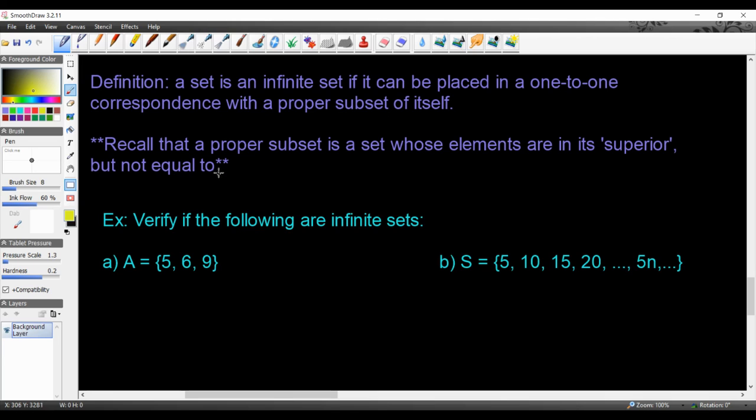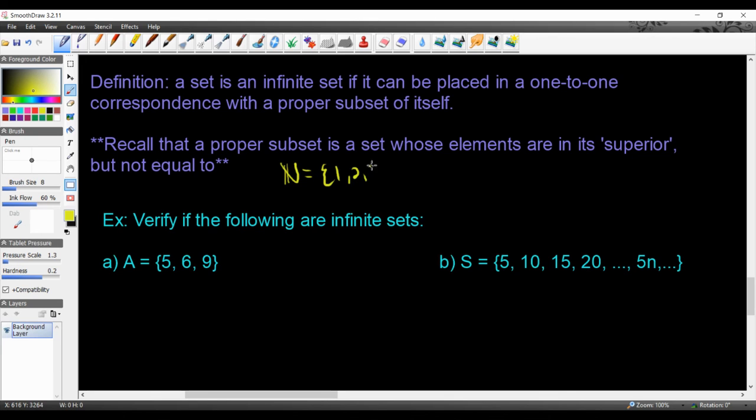Yes? And we can keep doing that over and over and over. So just to really quickly remember, a proper subset is a set whose elements are in its superset but not equal to it.